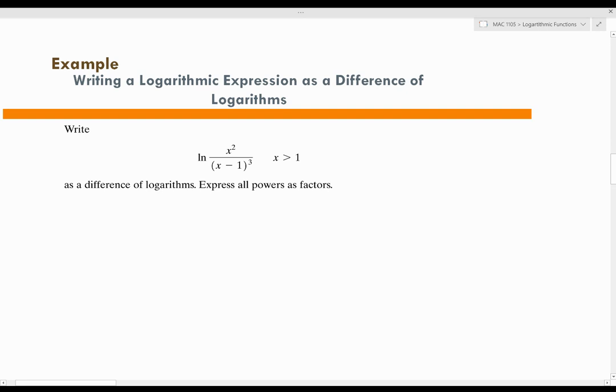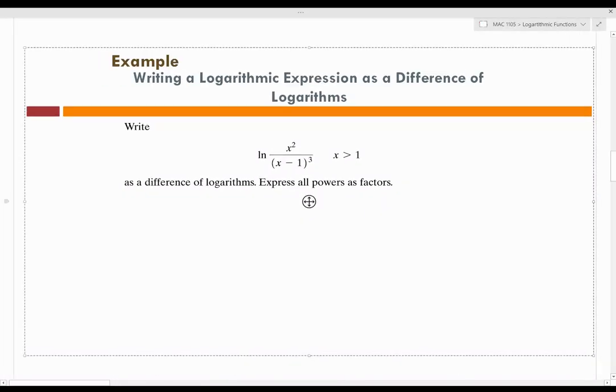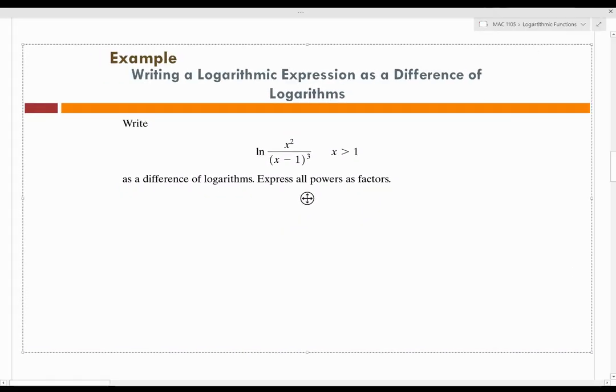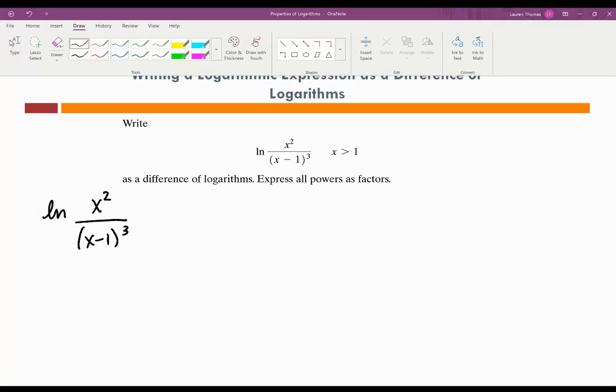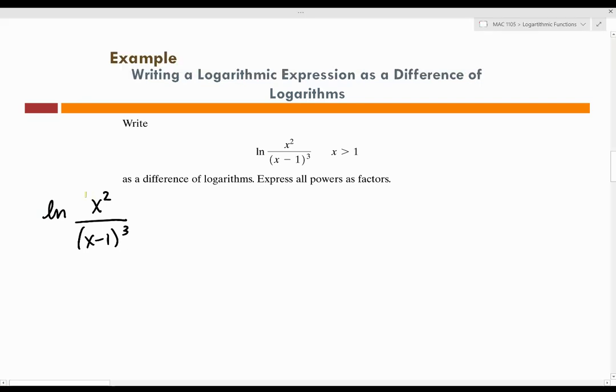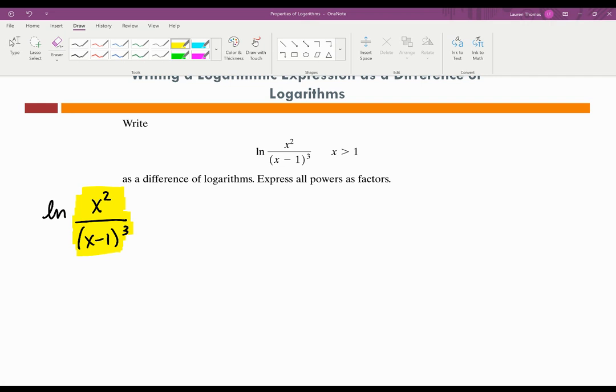Okay, so the first thing I'm going to do is write our problem. Oops, natural log. Okay, so remember, the first thing you want to do is recognize which operations are in the argument of your log. As I'm looking at this argument, the major operation that I see is division.